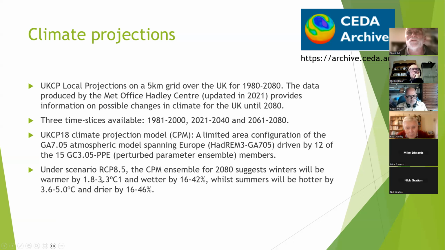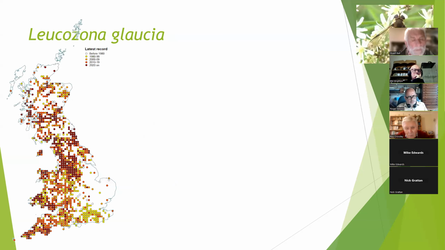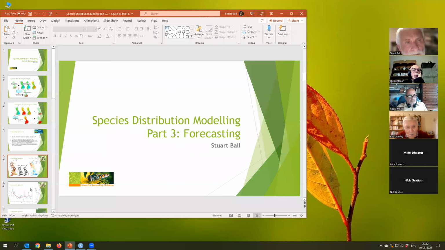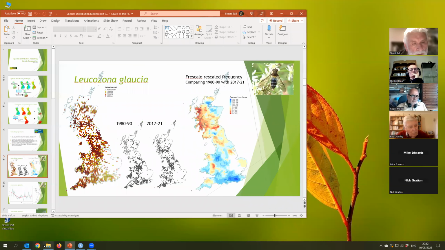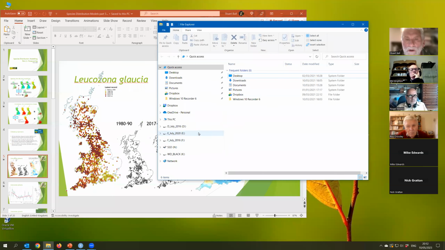I think the central prediction for the UK is 3.8 degrees C by the end of the century. And we are seeing an increase in seasonality with wetter winters and drier summers, basically. And, you know, anecdotally, that's what we're experiencing. So fair enough. Now, let me go and look at what this data looks like.